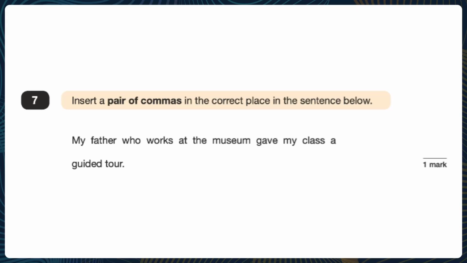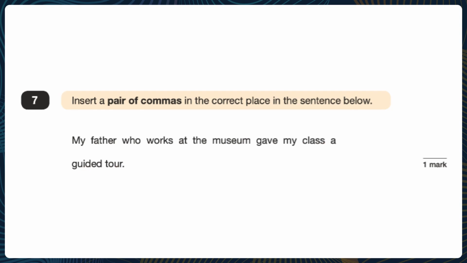Once again, and now this is really good to see, it says insert a pair of commas. So what we can take here is that these are really common question types. Insert a pair of commas in the correct place in the sentence below. Again, we're thinking parentheses. My father, who works at the museum, gave my class a guided tour.